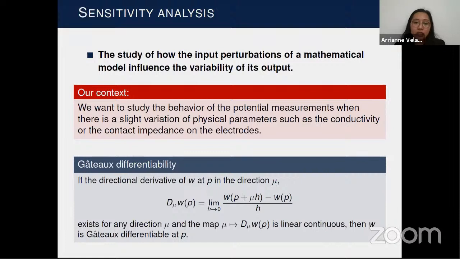If the directional derivative of W of P in the direction mu exists for any direction mu, and the map from the direction mu to the directional derivative is linear continuous, then W is said to be Gateau differentiable at P. In the next section, we will prove that the electric potential, or the pair of solution for the forward problem, is Gateau differentiable with respect to the conductivity sigma and contact impedance vector z.